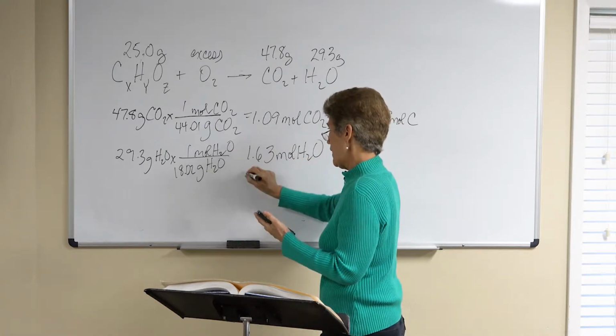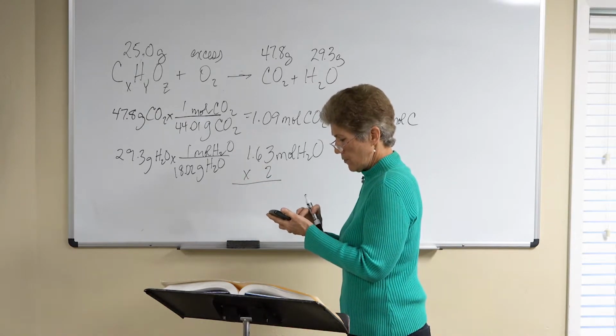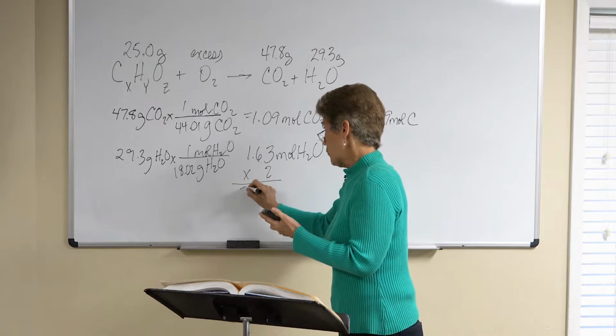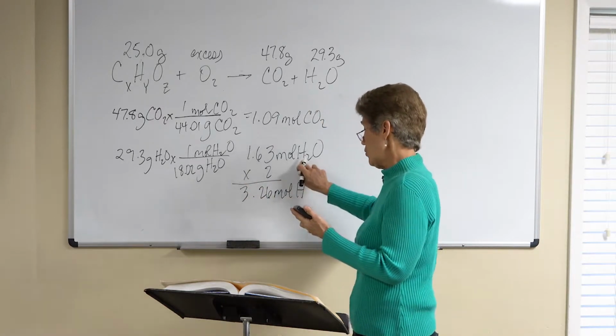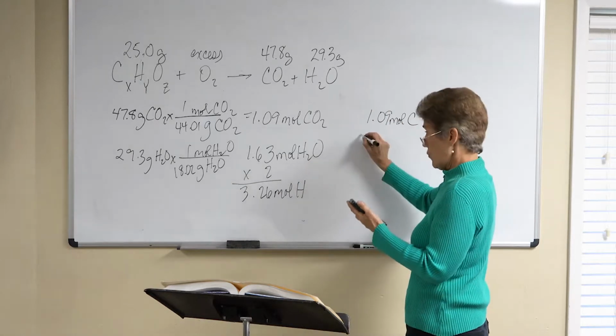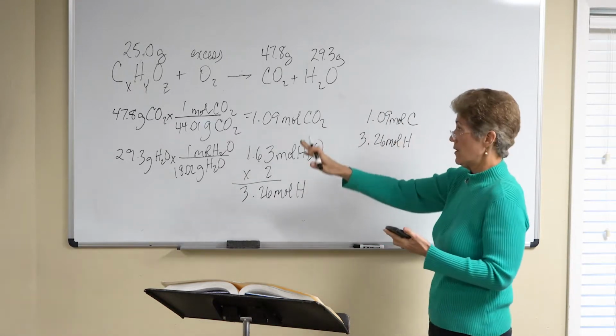Now I'm going to take that and multiply it by 2, so 1.63 times 2 gives me 3.26 moles of hydrogen, because there's 2 hydrogens to every mole of water. So I've got 3.26 moles of hydrogen in this.